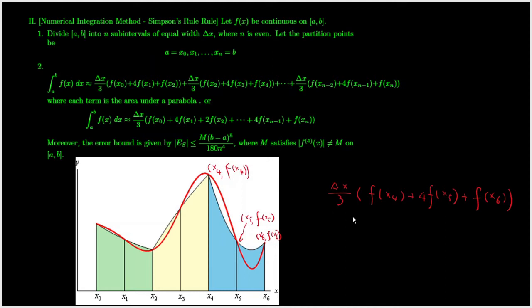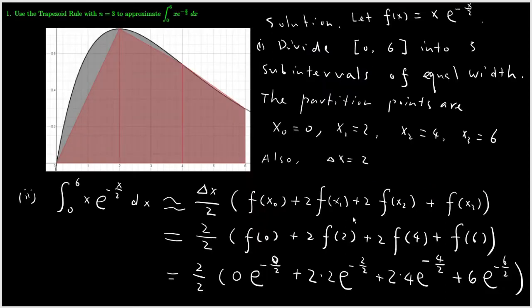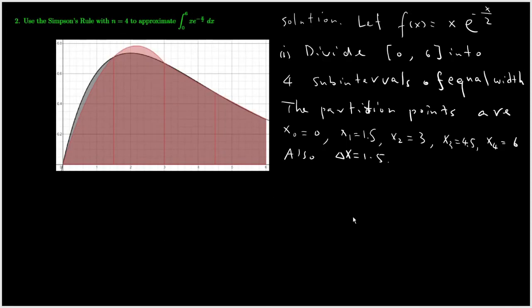Okay. We'll apply the formula to this particular question. The integral from 0 to 6 of x times e to the power of negative half of x is approximated by using Simpson's rule.